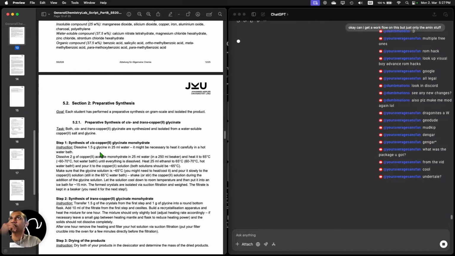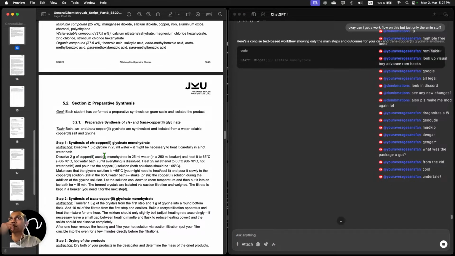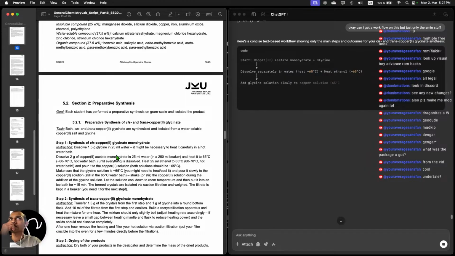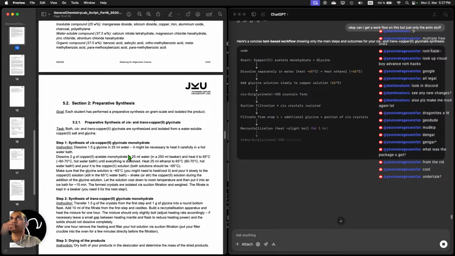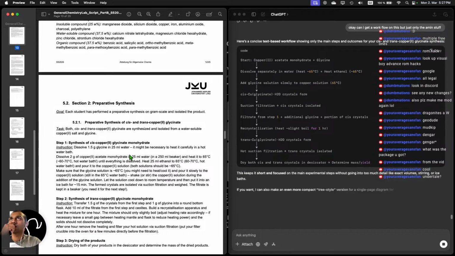Dissolve 1.5 grams of glycine in 25 milliliters water. It might be necessary to heat it carefully in a hot water bath.